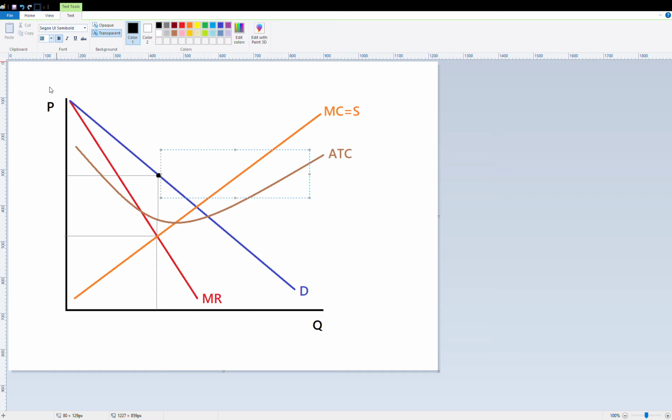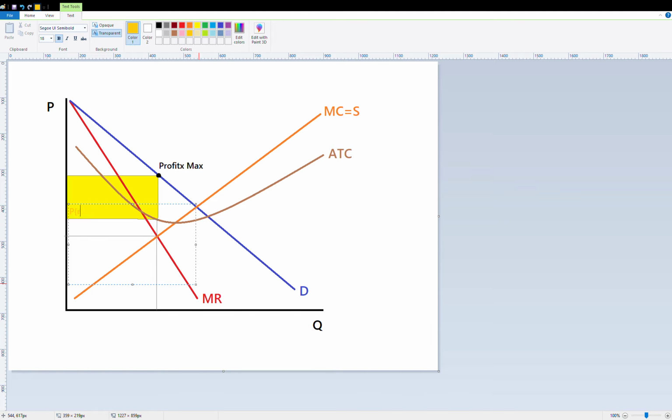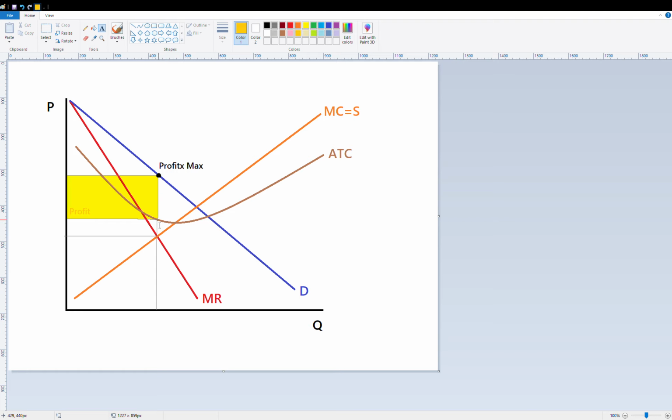Let me change the font. And since you also have the ATC involved, there's also the profit. You also have the profit right here. Of course, if the ATC is above the point they're selling at, they operate at a loss, but in this case it's a profit.